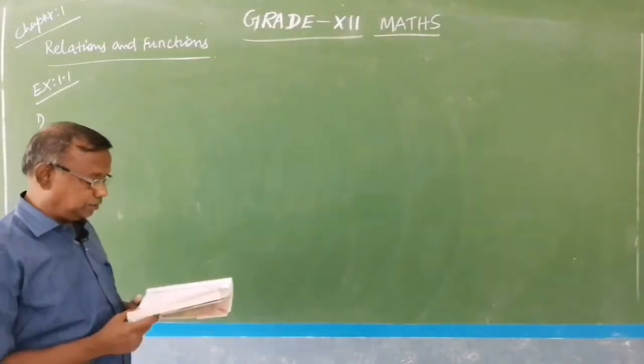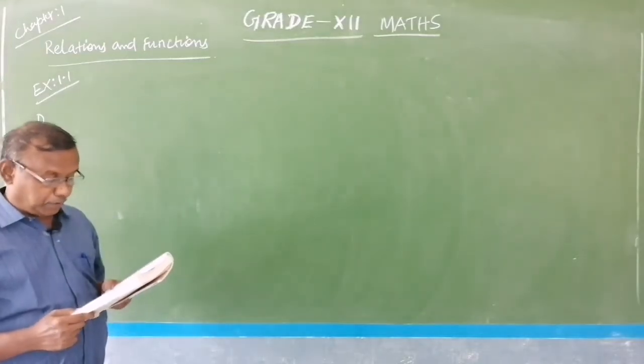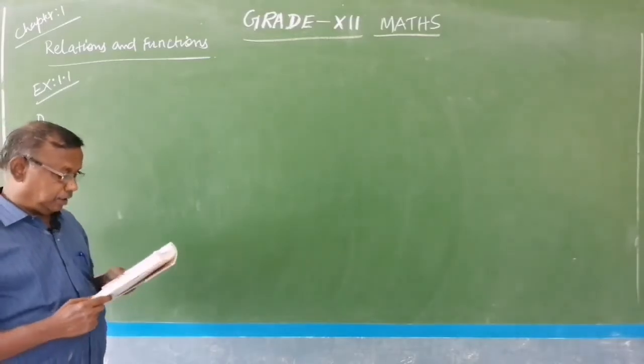Exercise 1.1, question number 1: determine whether each of the following relations is reflexive, symmetric and transitive.